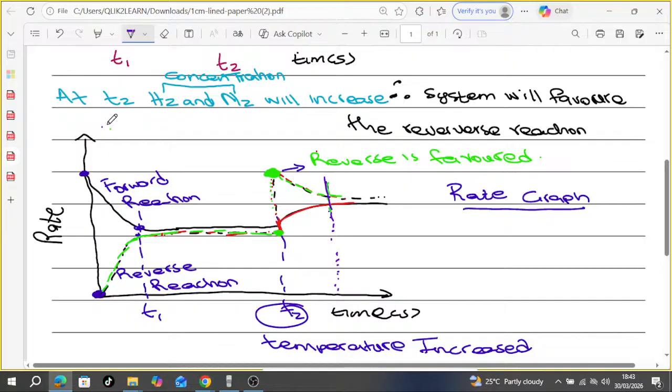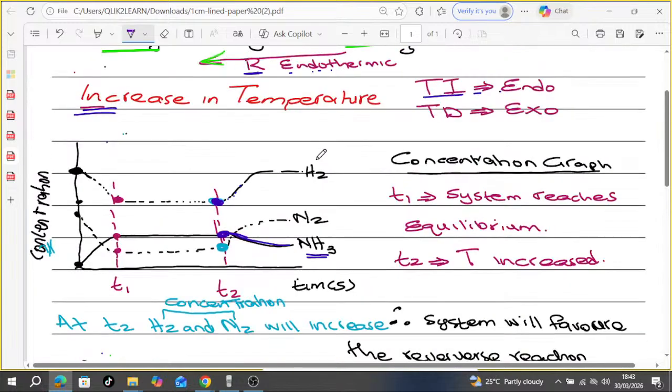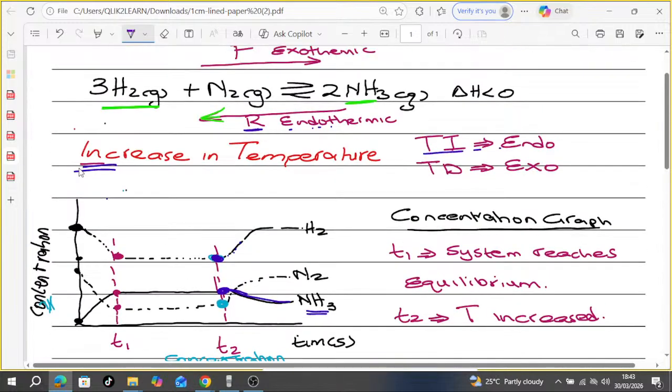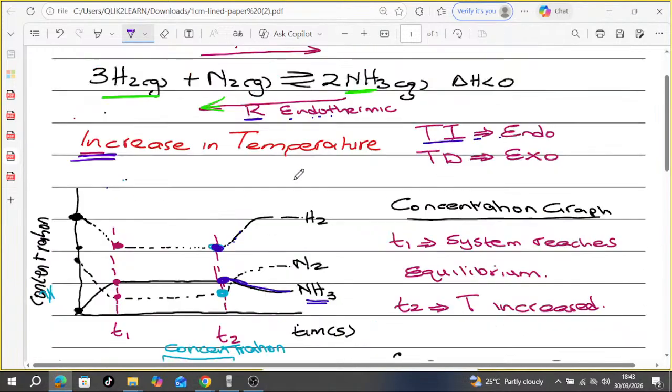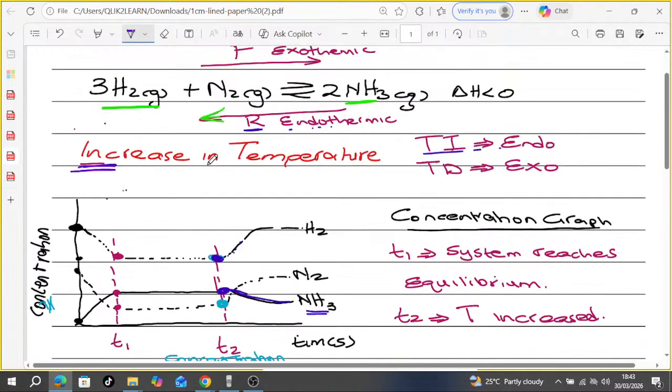You know what is one thing about this graph? This information is only for when the temperature is increased. That's why most learners find chemical equilibrium more difficult. So what will happen if the temperature is decreased?